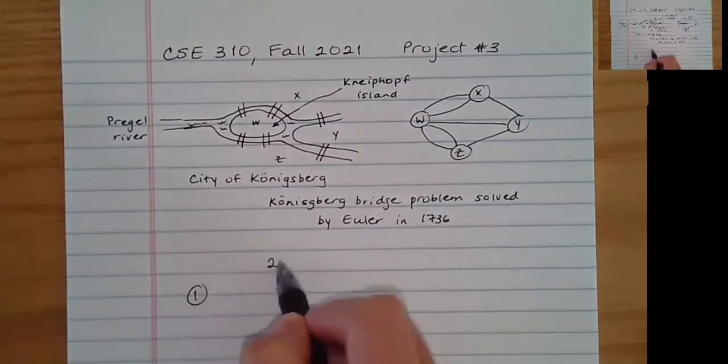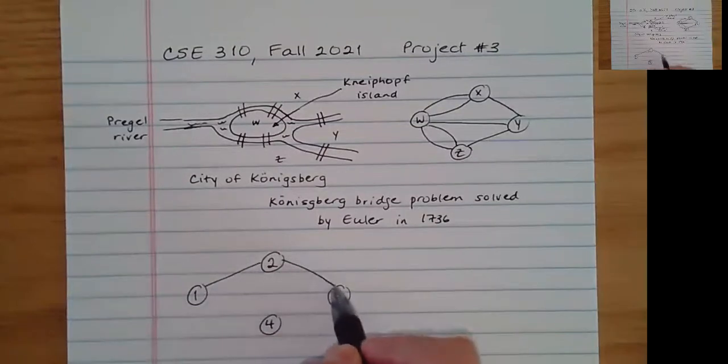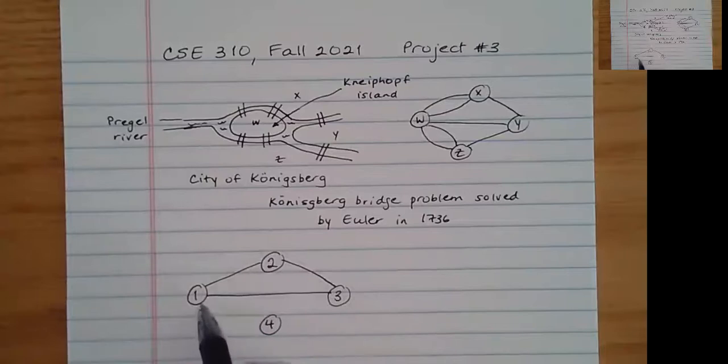So I'm just going to simplify this and number the vertices instead of labeling them with letters. Okay. So let's suppose this is our graph.